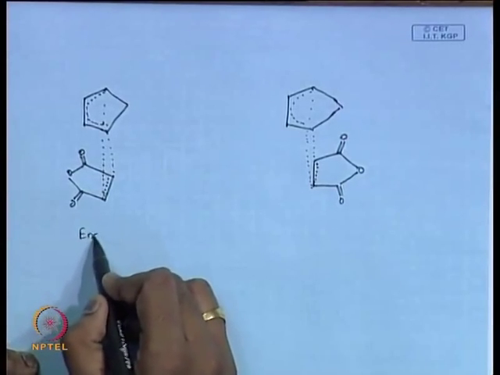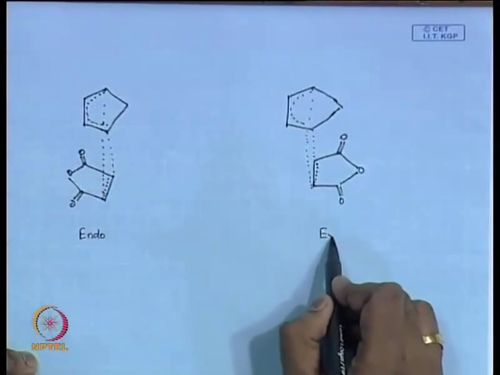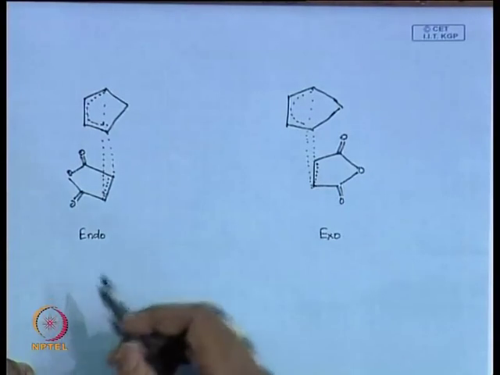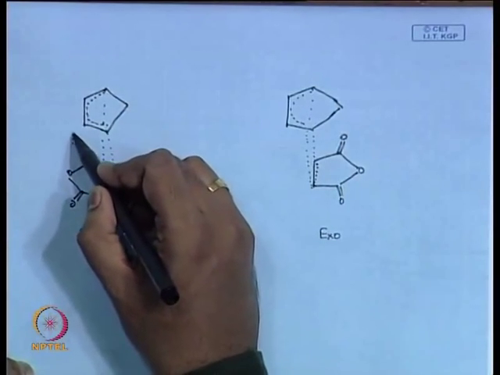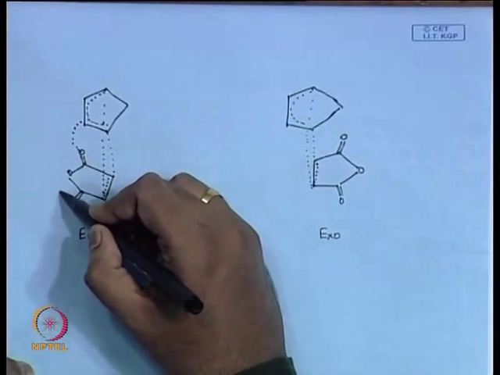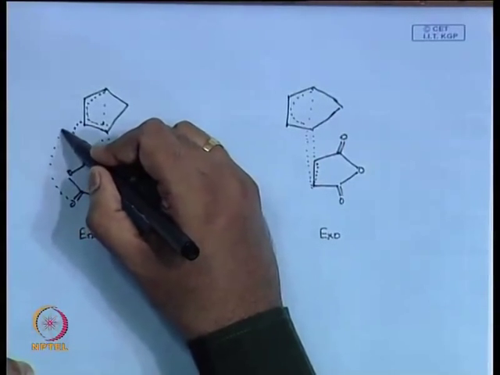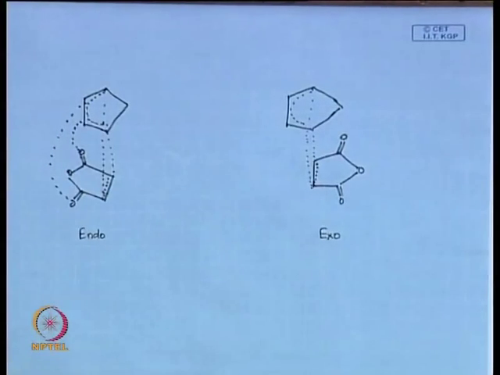But the advantage in the case of endo across exo is that the transition state is more stabilized. Here you have this secondary orbital interaction of your carbonyl with your alkene system. This is very important.